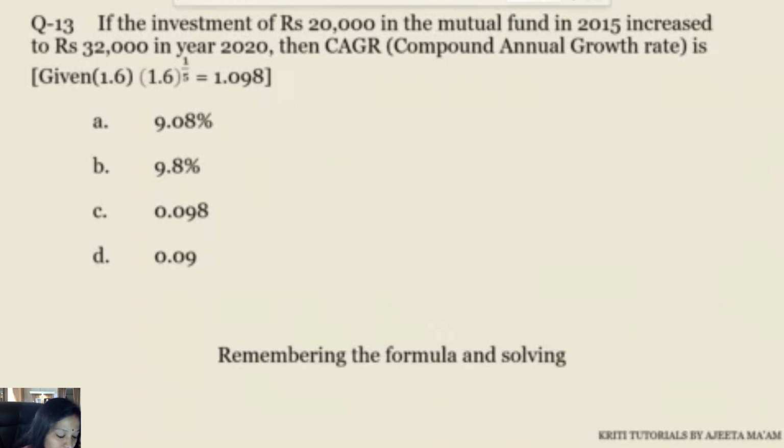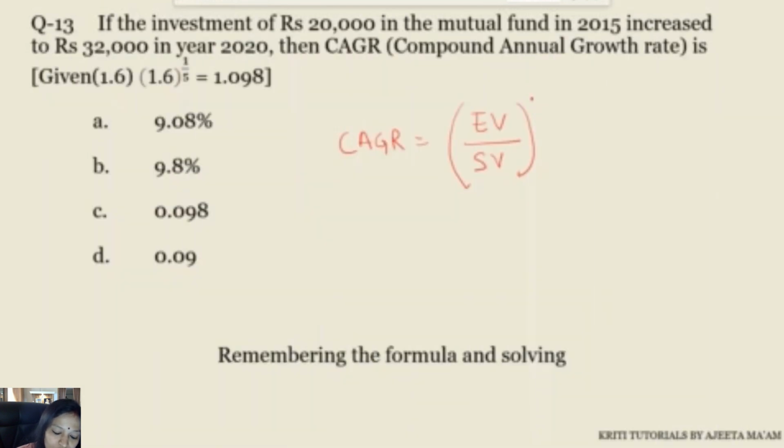Now for the next one, the topic is CAGR, that is compound annual growth rate, which is of course used in compound interest. It's a simple formula again which is going to be used. Now CAGR is to be calculated as EV upon SV.